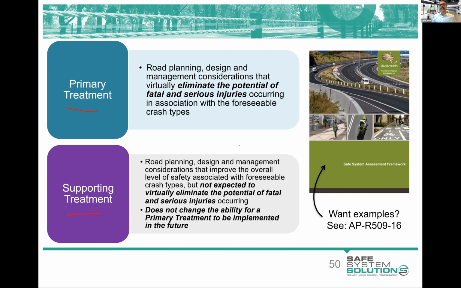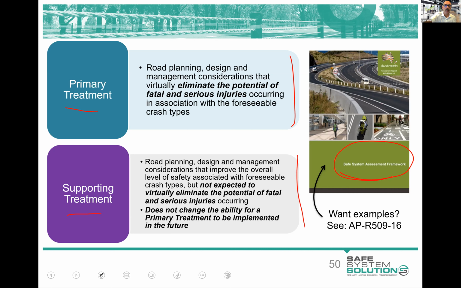So I'm going to use an example here to show you, but I point you again at this document, the Safe System Assessment Framework, which has lists of treatments and categorizes them into primary and supporting. Primary treatments are ones that virtually eliminate the potential for fatal or serious injury occurring associated with a foreseeable crash type.